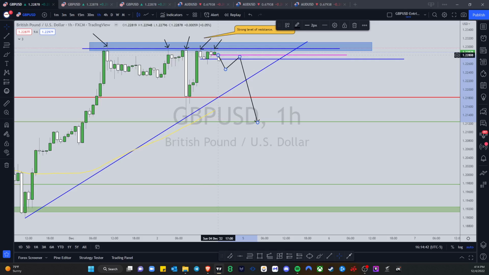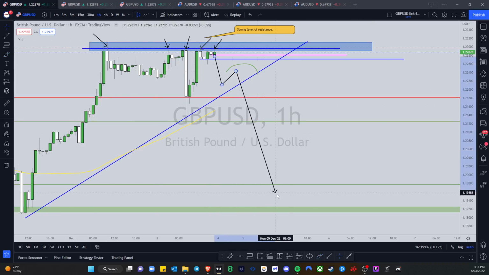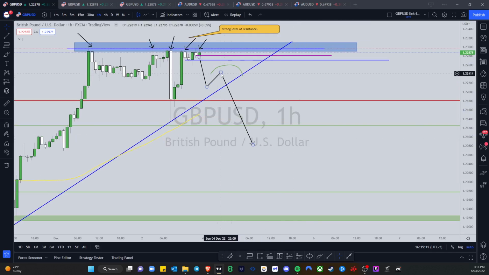So if price did something like this, made a high, this is resistance, made a high, made a lower high right here, made this lower high, made a lower high like right here, then I'll go on the lower time frame and look for a sell, so I could take a counter trend sell. I will take a counter trend sell, and wherever I put the TP, that's where it is. So that's what I mean: if a lower high is being made on the uptrend, that's when we should be looking for a sell.